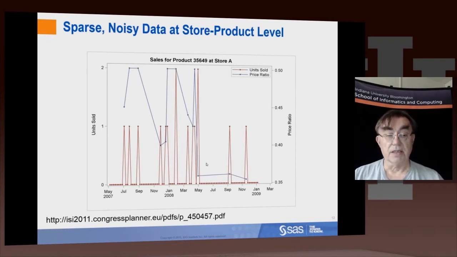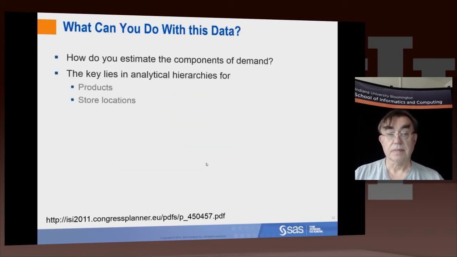And here you're trying to make predictions on the amount sold as a function of the price. So you have to try to group this data together based on groupings within products or geographical groupings, or maybe just other types of groupings.